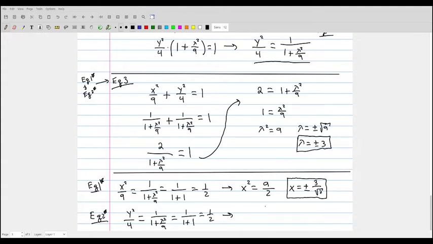So when you solve for y squared, it is equal to 4 times 1/2, or 4 over 2, which means that y is equal to plus or minus 2 over the square root of 2 when you take the square root of both sides.